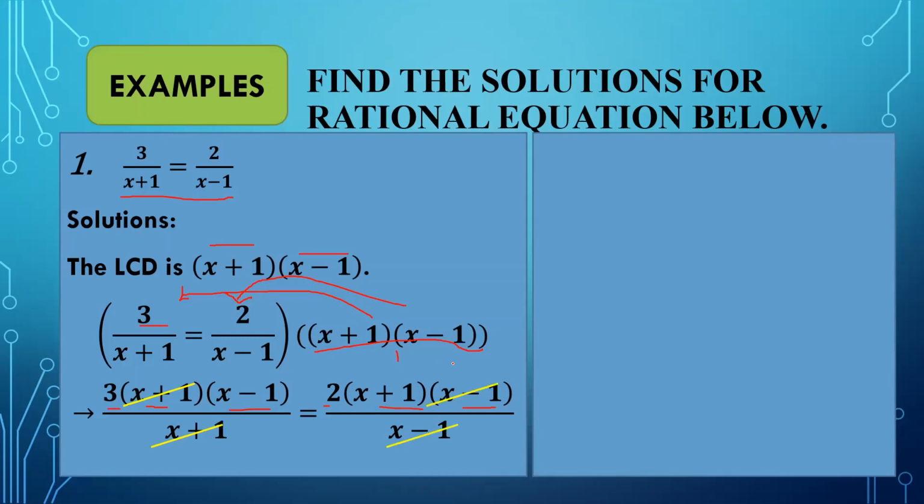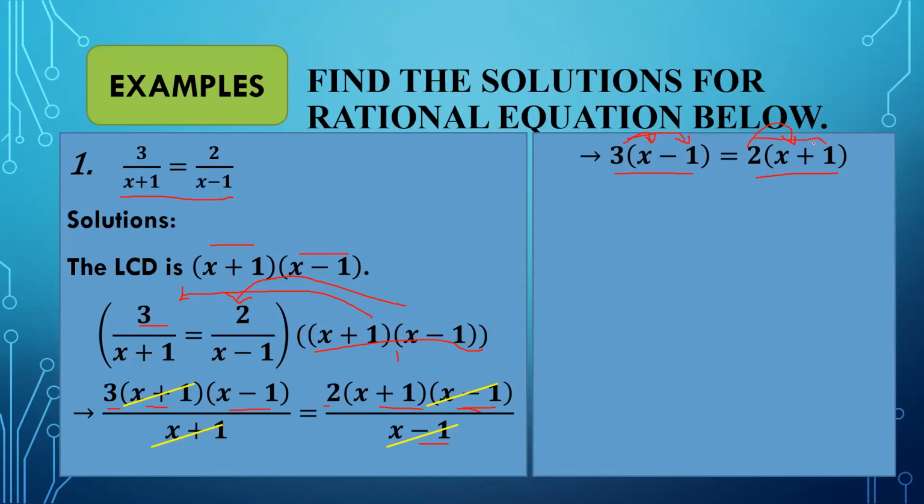We can cancel (x minus 1) all over (x minus 1) on the numerator and on the denominator, since again (x minus 1) all over (x minus 1) is just 1, same as 3 over 3 is just 1. So we have the given equation: 3 times (x minus 1) equals 2 times (x plus 1). So we use the distributive property and distribute 3, and also distribute 2.